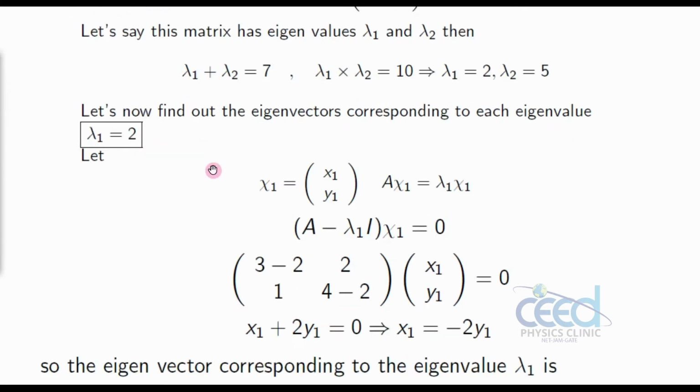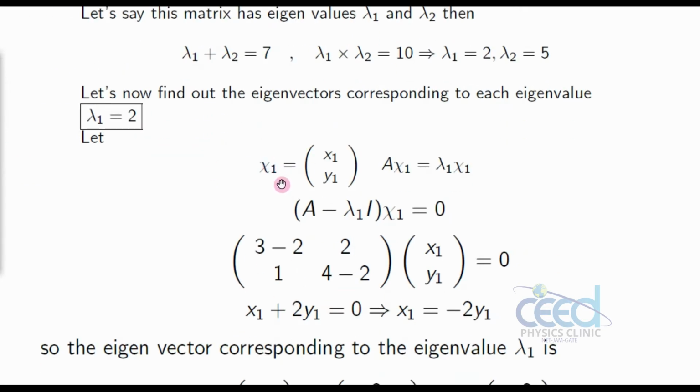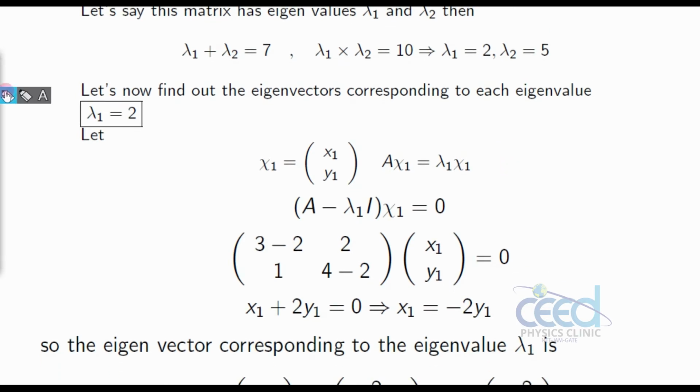Now I take the first eigenvector x1, that is x1 y1, and I can write A x1 is equal to lambda 1 x1. This is the first eigenvalue and the corresponding eigenvector. Our equation is determinant of A minus lambda I into x equal to 0 for the first eigenvalue.